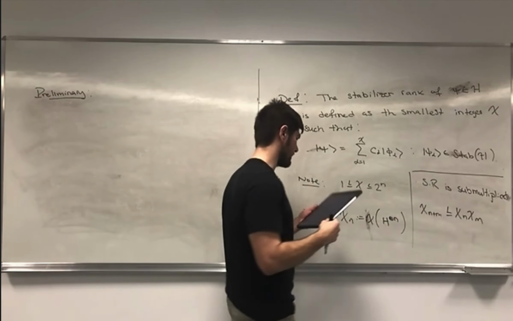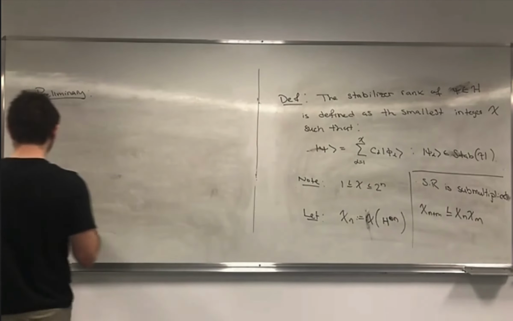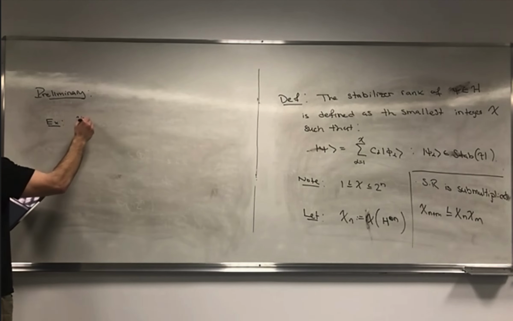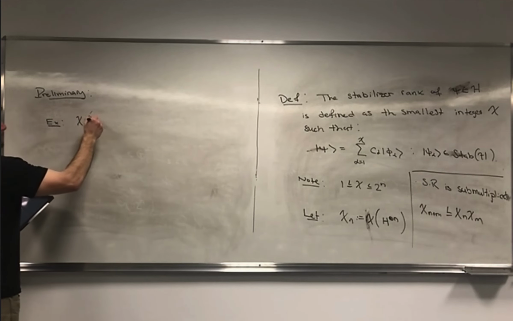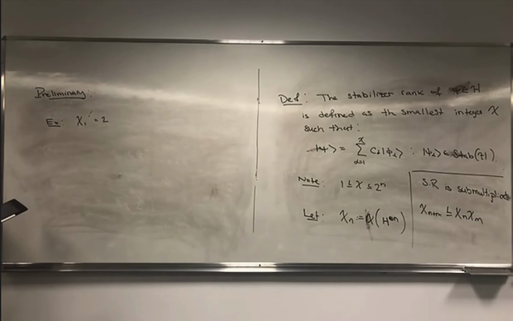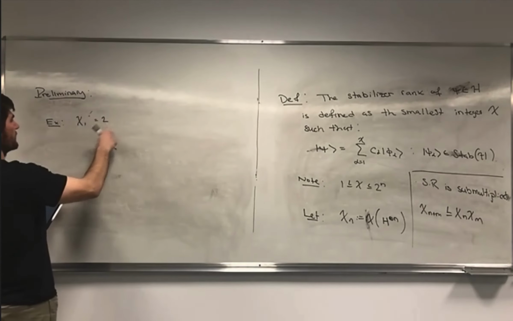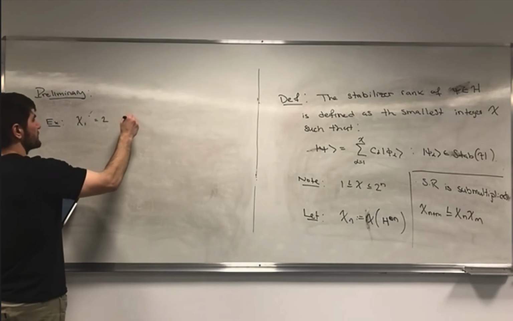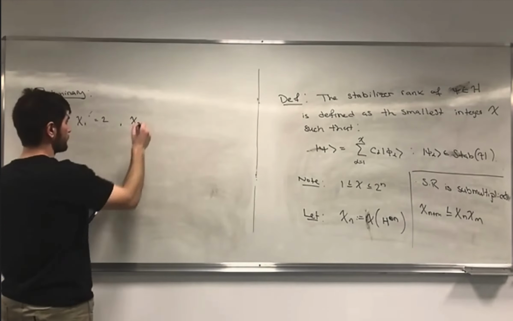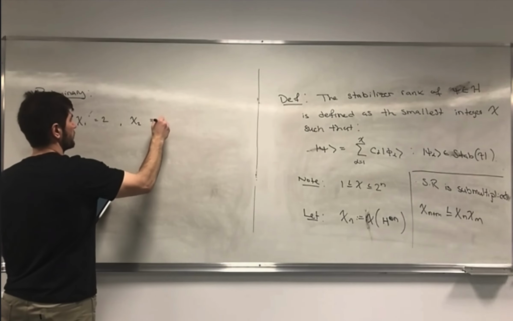And so let's see an example. We already know that chi of 1 is equal to 2. I need the 0 state and the 1 state for this to work. It turns out that chi 2 actually is also equal to 2.